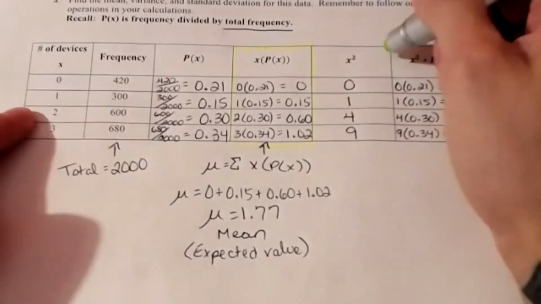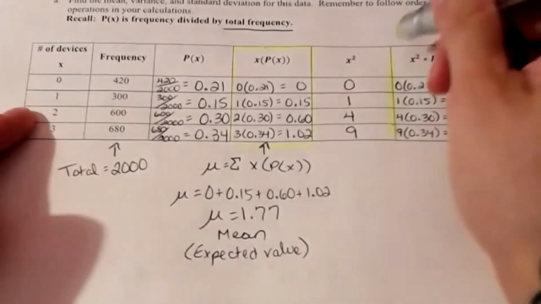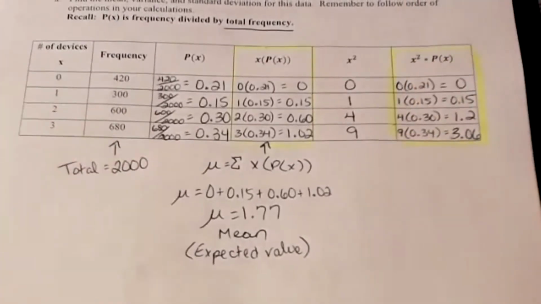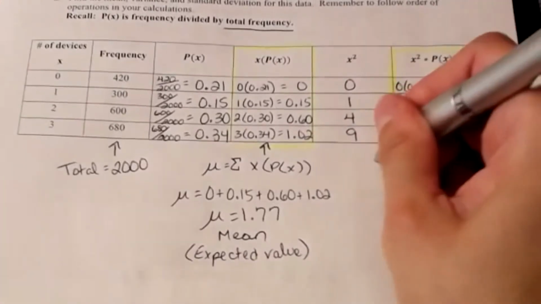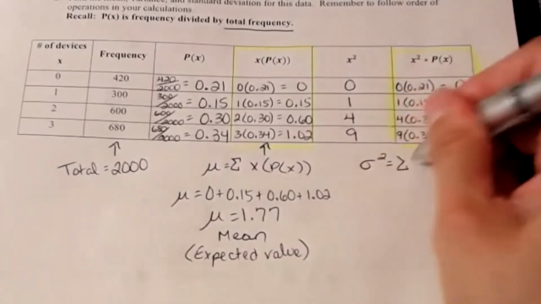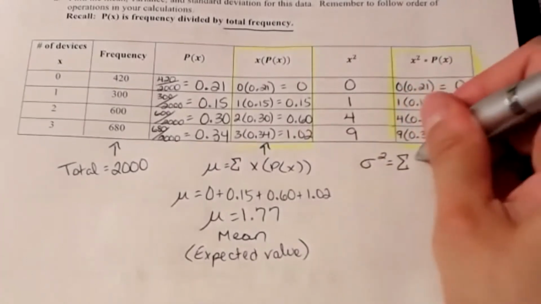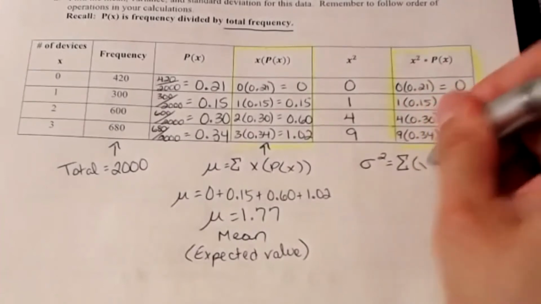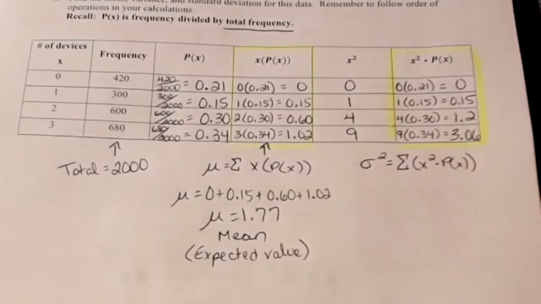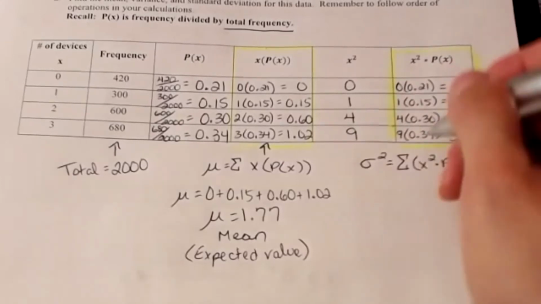Okay, so to calculate variance, we're going to use this column here because our formula is as follows. If we want the variance, we have to add up all of the squared values of the random variable multiplied by their respective probabilities, right? We have to add that up first.